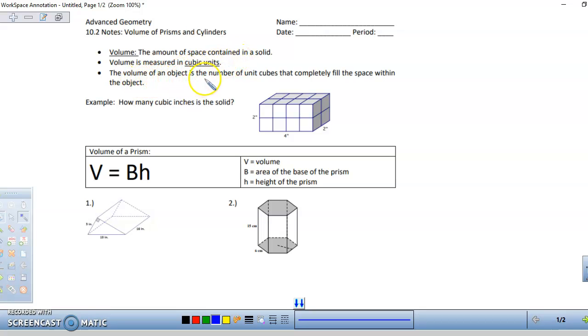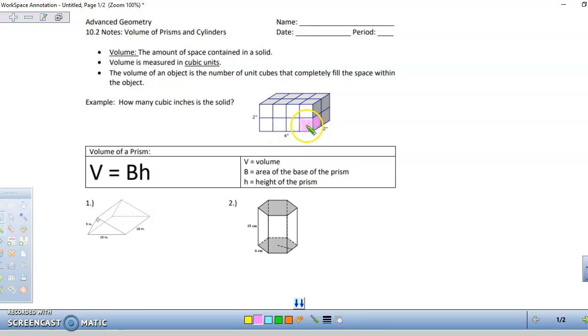The volume of an object is the number of unit cubes that completely fill the space within the object. So an easy visual would be this guy right here. So what you can imagine is on the bottom here, this right here is one cubic inch, if these are in inches.